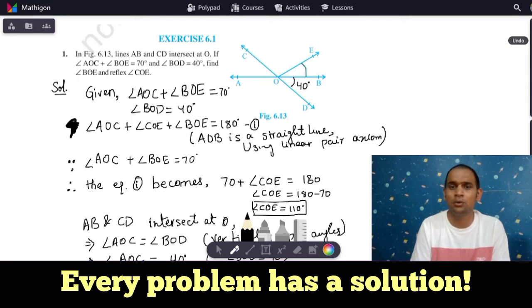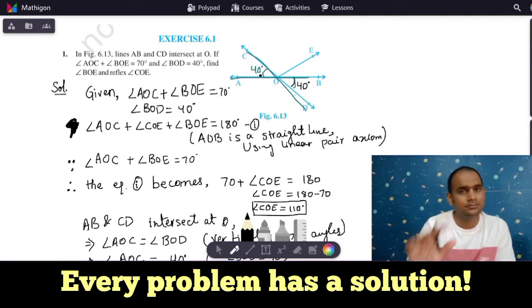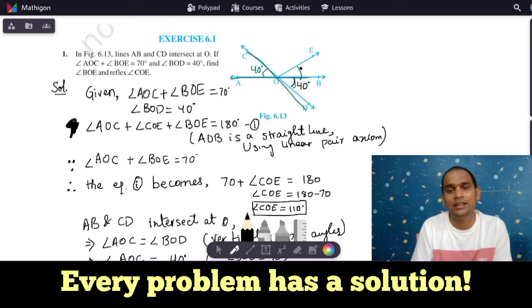Let's quickly understand how we approach this problem. As we can see over here, these two are given as straight lines. Since this is 40 degrees, this will also be 40 degrees, vertically opposite angle. After that, since this angle and this angle add up to 70, 70 minus 40 will give you this angle, 30 degrees.